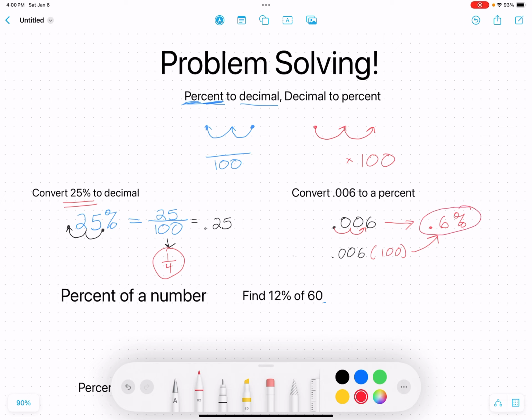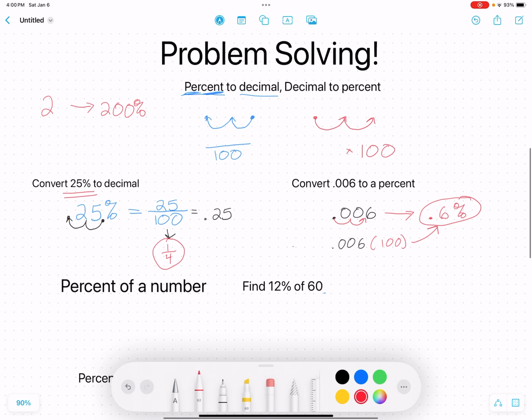Sometimes they don't turn out like you think they do. For example, if I have the number 2 and I want to make that a percent, that'd be 200%. I would move the decimal 2 places to the right, and that totally makes sense. If you double something, you have 200% of something.